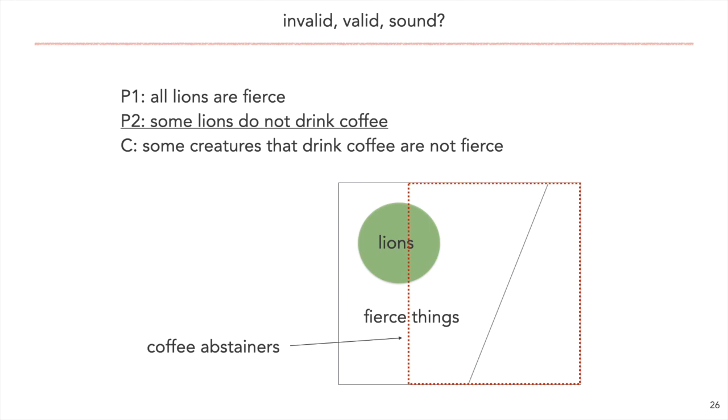So every creature that drinks coffee is fierce. So the argument is not valid, hence it is invalid. Now would be an excellent time to pause this video and go and do the quiz on arguments.